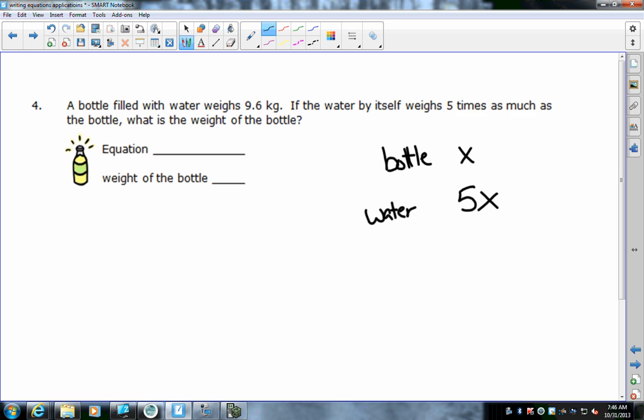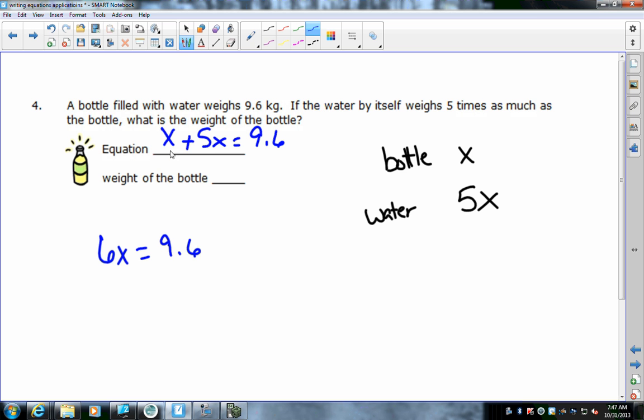So now it says that when you fill the bottle with water, it equals 9.6 kilograms. So my equation, I'm going to take the bottle plus the water, and it should equal 9.6. So x and 5x, you should have 6x equals 9.6.